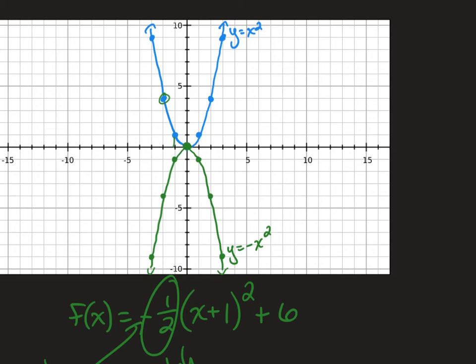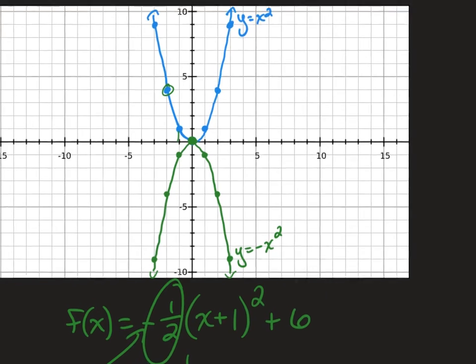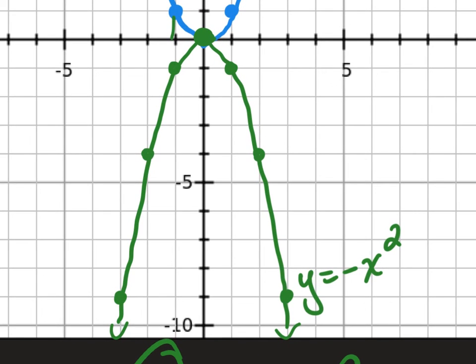So now 1/2. Now everything is going to become half as far away from the y-axis. So instead of, let me zoom in a bit, instead of this being at 1, we're going to go to 1/2, right? We get half as far away from the y-axis, so everything shrinks. We compress. So the opposite of stretch would be to compress. So we're compressing here.